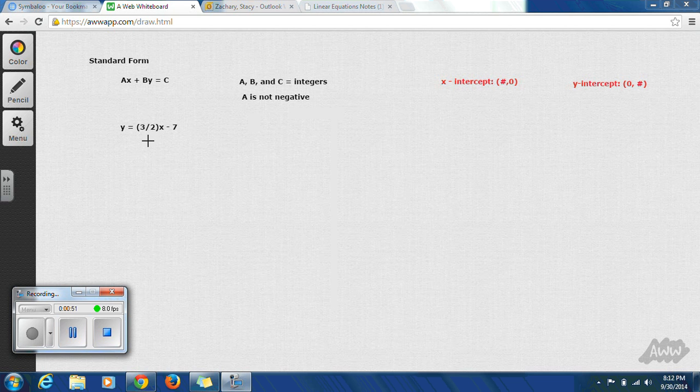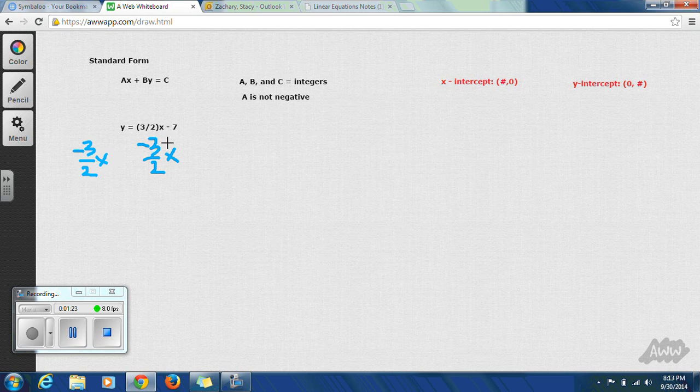y equals 3/2 x minus 7. This is in the form y equals mx plus b. First, what I notice is that y is on the correct side of the equation, but x is not. So what we will need to do is move that 3/2 x over. The opposite of 3/2 x is to subtract 3/2 x to the other side, because whatever you do to one side, you have to do to the other.